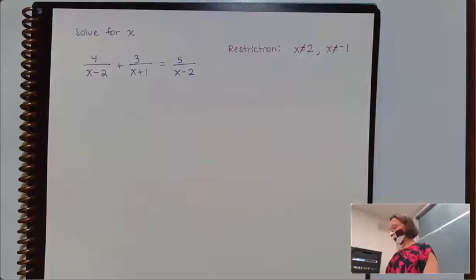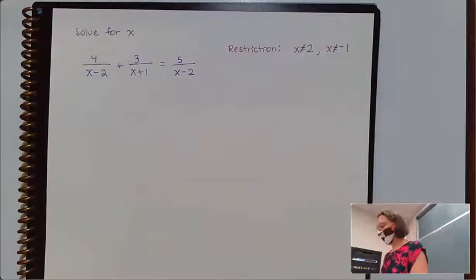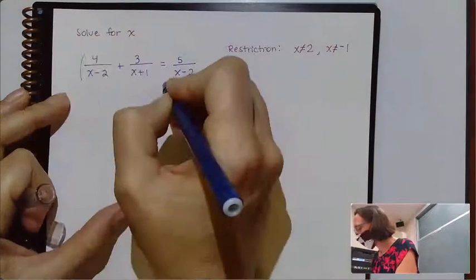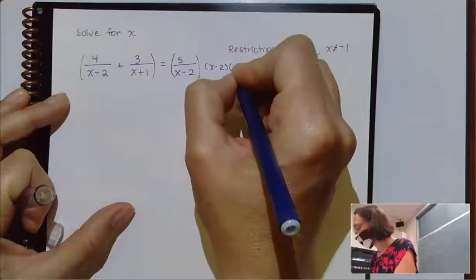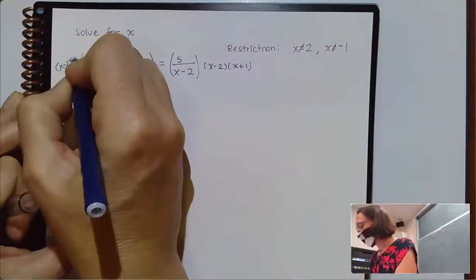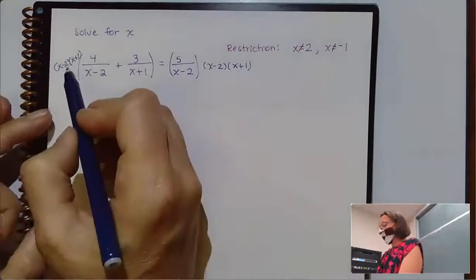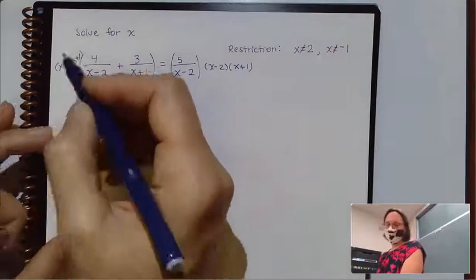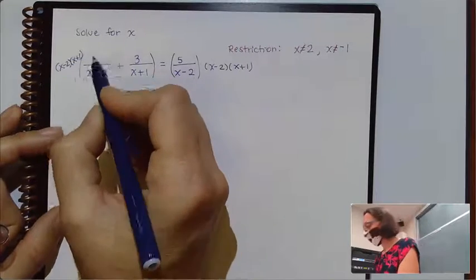Now I'm ready to look at that and say, because of the equal sign, I'm going to multiply everything by the common denominator. And that common denominator is going to be the x minus 2 times x plus 1. I need both of those factors. I'll start on the left hand side, where I need to distribute that in.